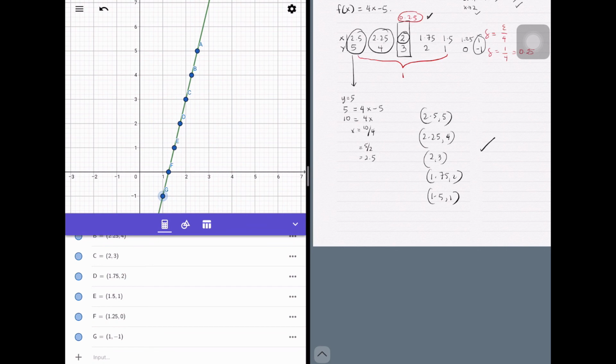These values are indeed correct because they satisfy the points on the line, or the graph itself of 4x minus 5.